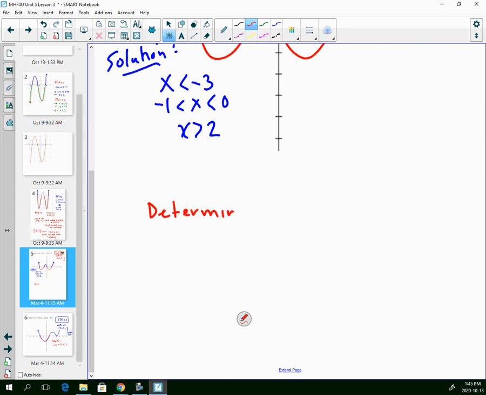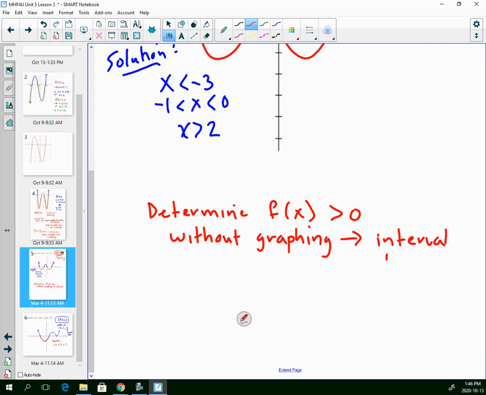So let's say we want to determine when f of x is greater than 0 without graphing. We are going to use an interval table. When you are doing this task or on the strand test, it will ask you to solve this without graphing.